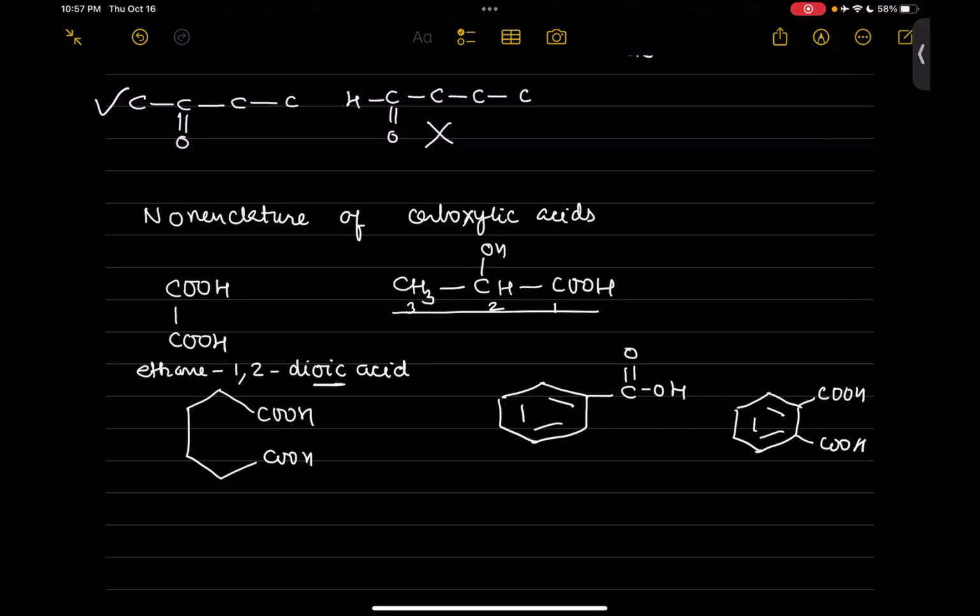Okay, what is the name for this one? Next one. Common name and the IUPAC name.